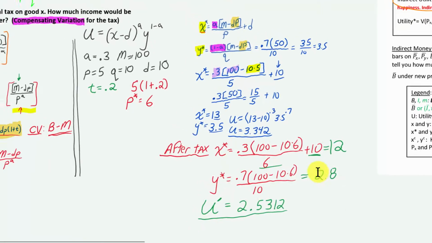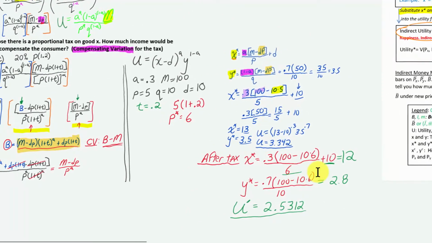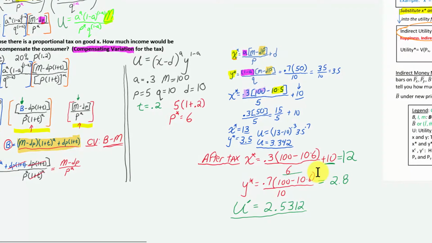Now, what does this compensating variation say that we should do?